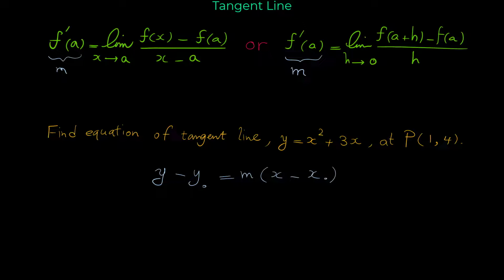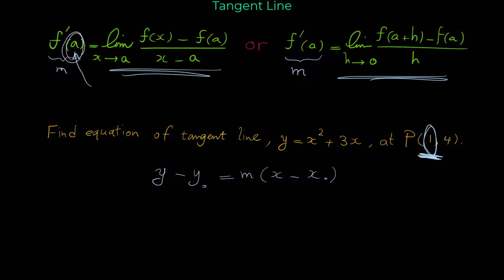So let us start to find m, the slope of the tangent line. Here we want the equation of the tangent line at which point? At the point (1, 4). So basically this 1 is a for our formula, because a is the x coordinate of the point at which we want to find the equation of the tangent line. So for finding the slope of the tangent line, basically I have to find f prime of 1.